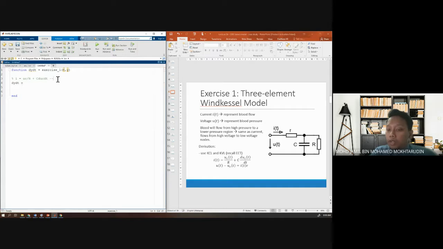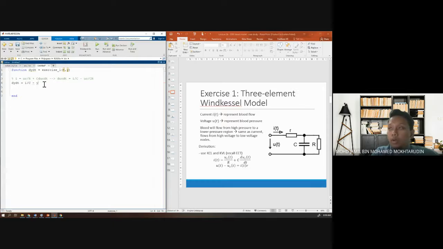After you rearrange this, you will get duc dt equals I minus uc over R. We have C in front, so we need to divide, so you get I over C minus uc over RC. So you just write this in code: I over C minus, and this is uc, which in our ODE becomes y.